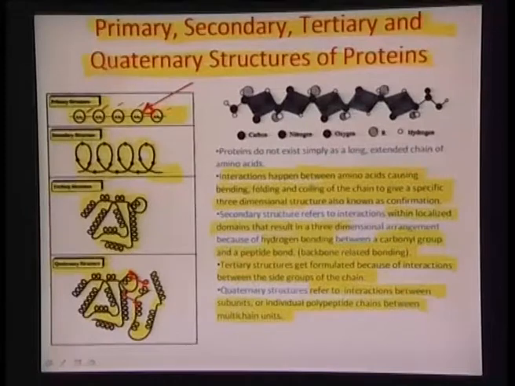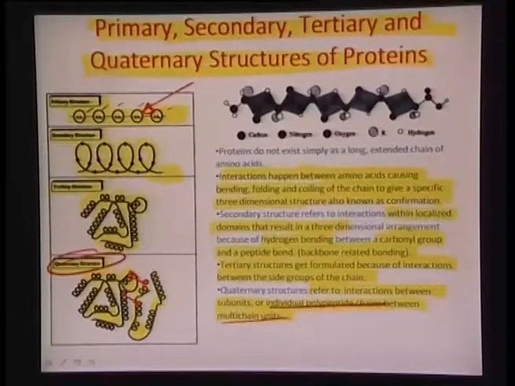Between subunits, probably of the same protein, or individual polypeptide chains all laid side by side in a solution, those kinds of multi-chain interactions develop what you call the quaternary structure. So, starting from simple to very complex, proteins have increased degrees of complexity in their conformations, or in their shapes and sizes.